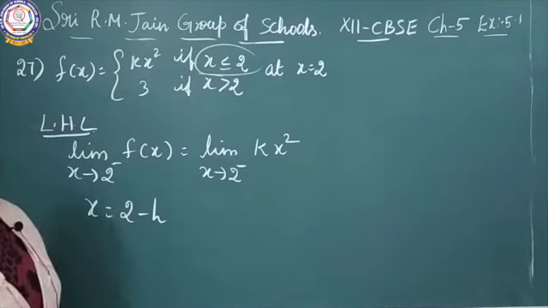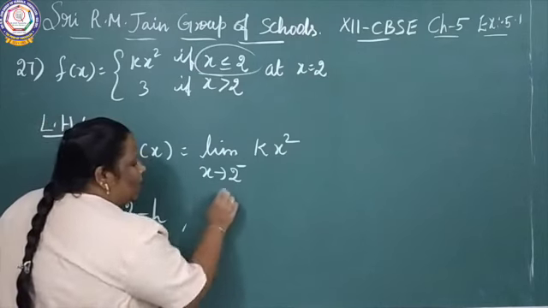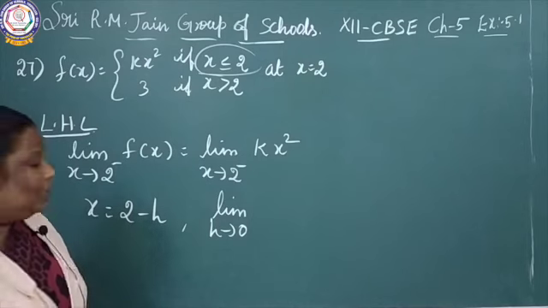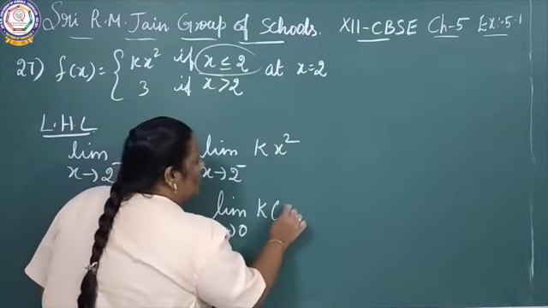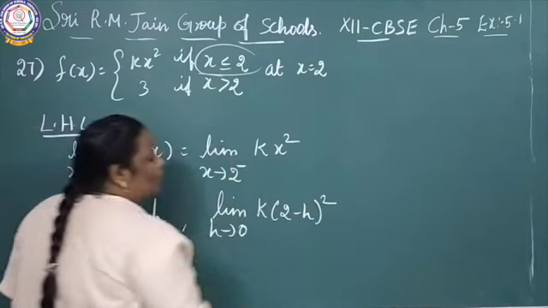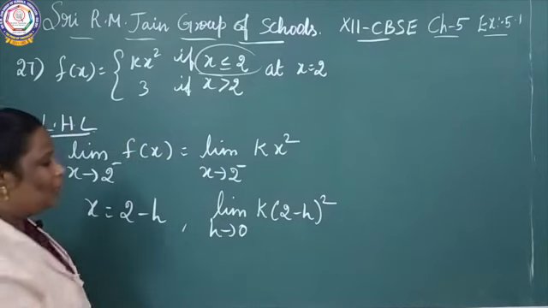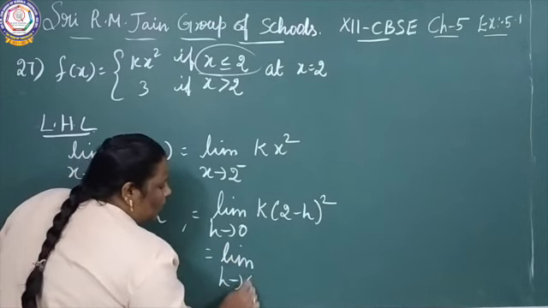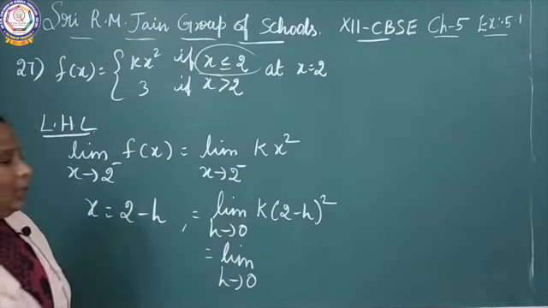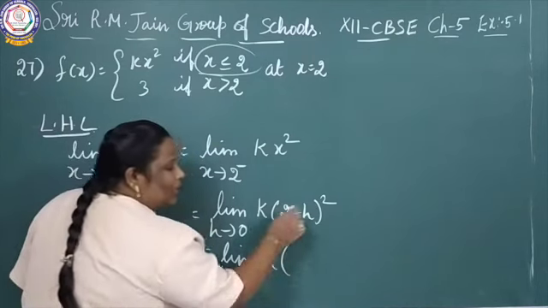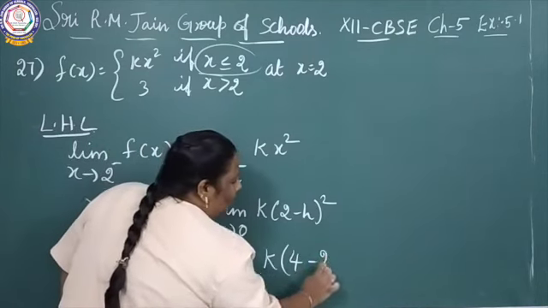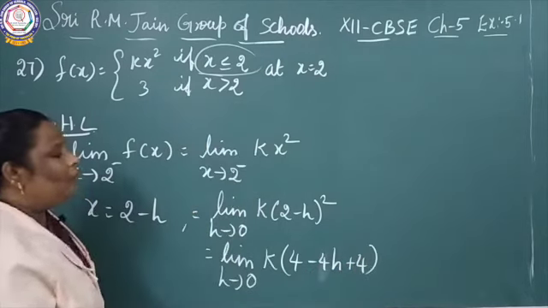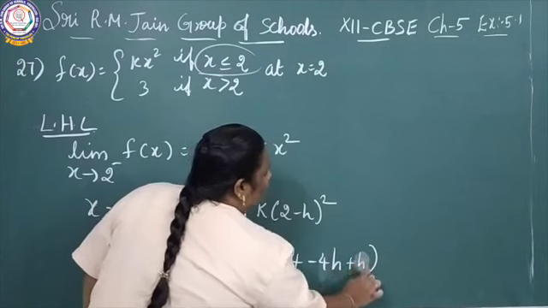So 2 minus h, it gives limit h tends to 0, k into 2 minus h the whole square, equal to limit h tends to 0, k into a minus b the whole square formula: 4 minus 4h plus h square.